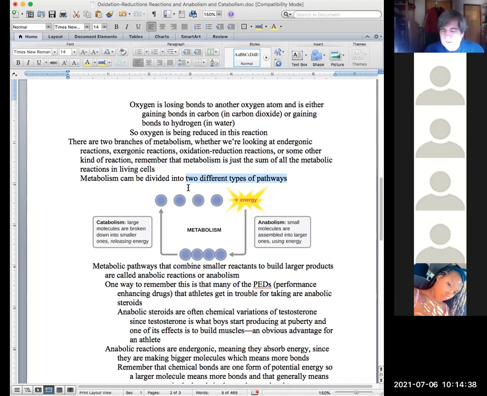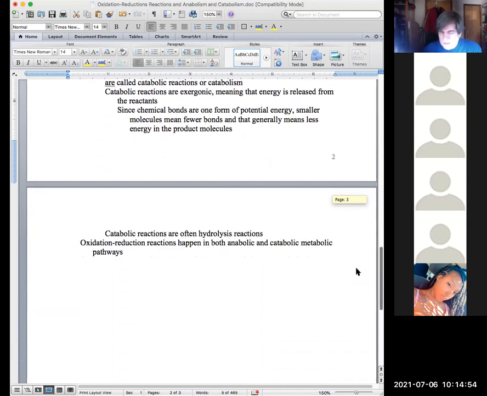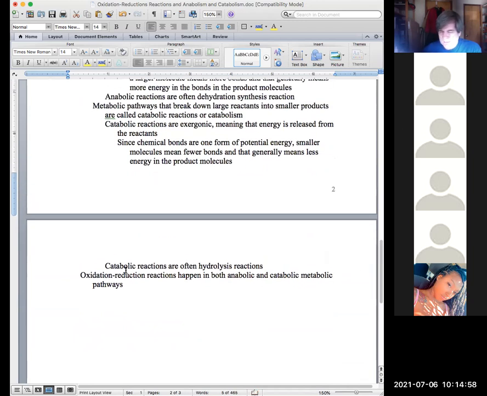And it's going to not just take big molecules, break them down, release energy, but it's going to be a hydrolysis reaction. So when we think about the 2 types of reactions, we want to keep these in mind.